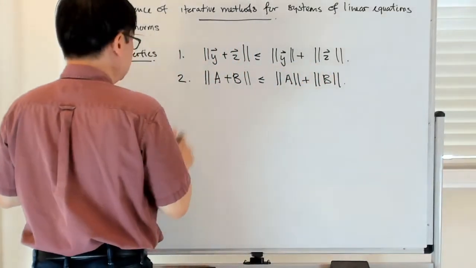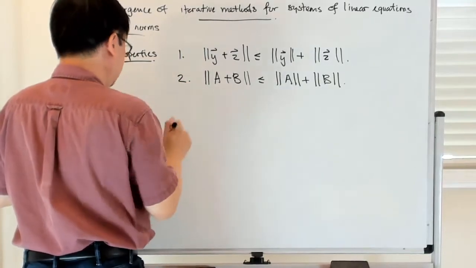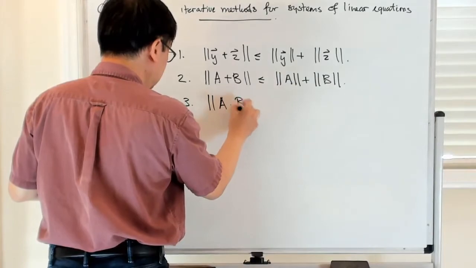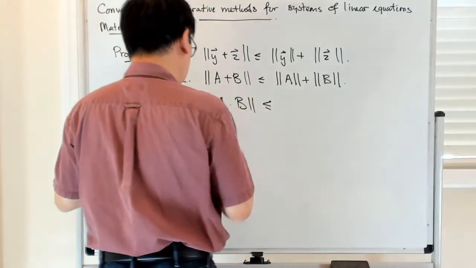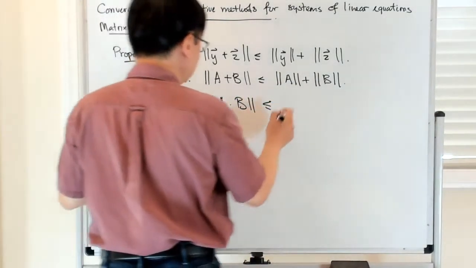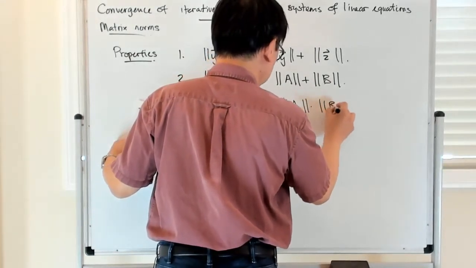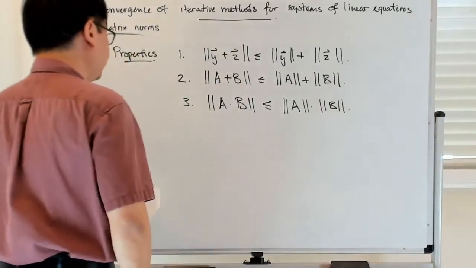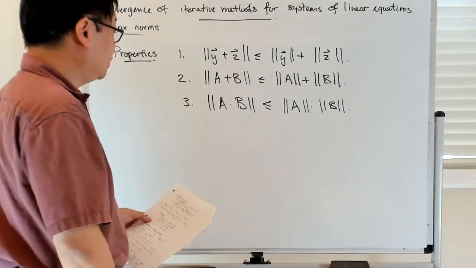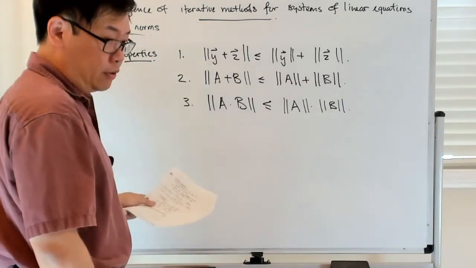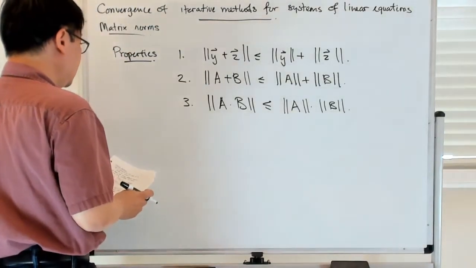So that's at the level of vectors, and at the level of matrices. Then if you take the product of two matrices, the norm of the product is less than or equal to the product of the norms. And that follows again from one of these many equivalent definitions of the operator norm.